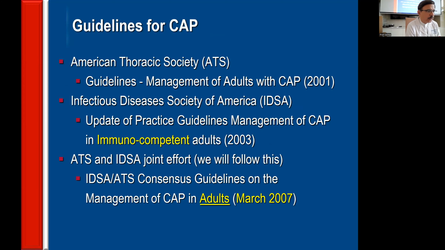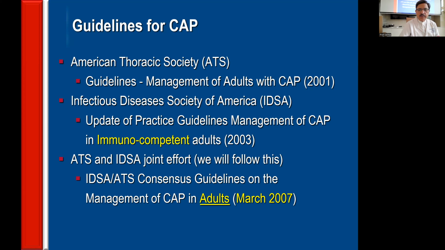Now, we are following mostly the guidelines of the American Thoracic Society and the Infectious Diseases Society of America, ATS and IDSA joint effort. So we're going to follow these international guidelines as far as pneumonia is concerned. Why? Because whatever we speak should have relevance in the international context. Then only we will be able to understand that what we are talking is the same language as what people in other countries are talking.